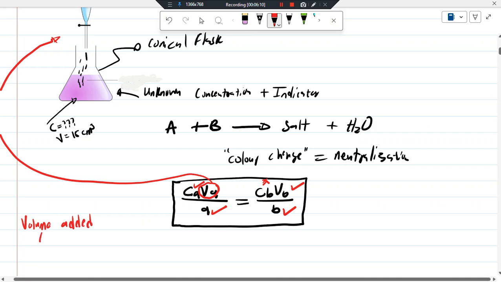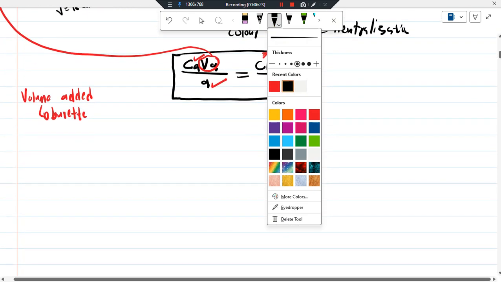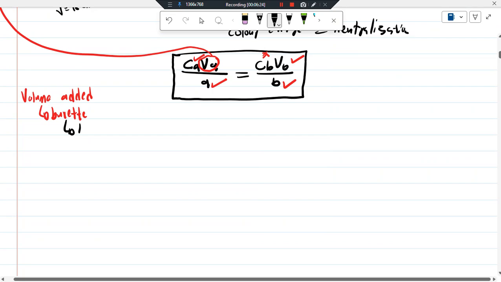This volume added is coming from the burette, right? So how will you know the volume added? You must have the skill of reading a burette, and I'm going to do that shortly.